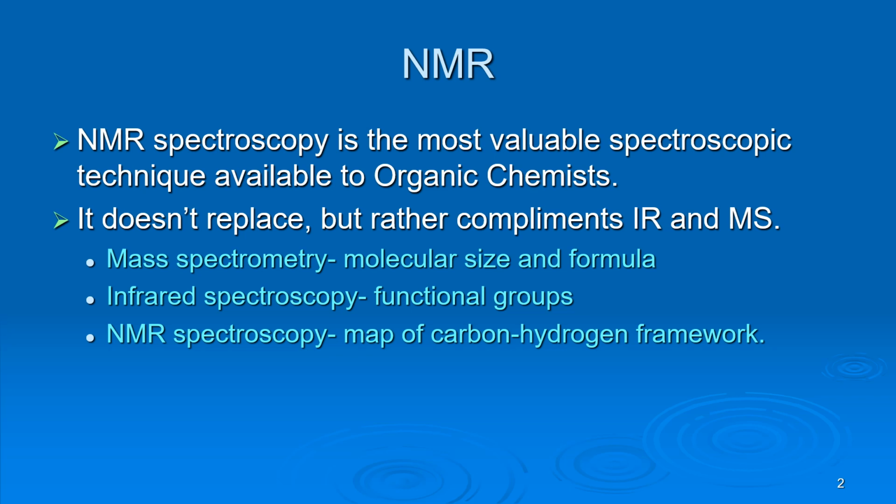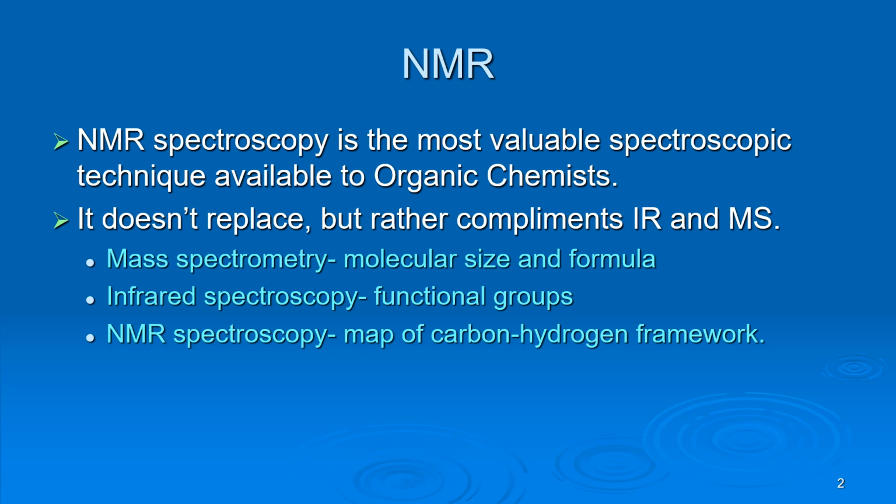And then infrared spectroscopy helps identify functional groups. And then NMR spectroscopy is what we're going to learn now, it helps you get a carbon-hydrogen framework. And you'll see a lot more as we go along how we do that.